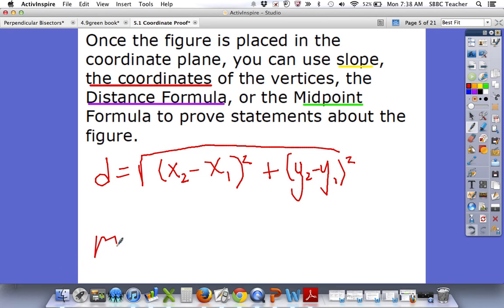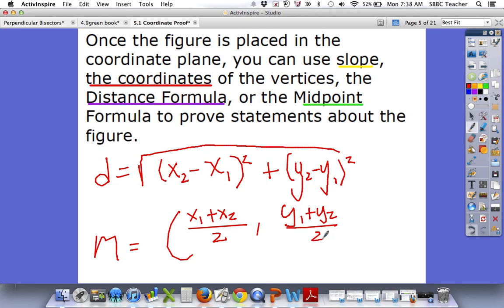You might want to write this down so you can start studying and memorizing it. The midpoint formula is x1 plus x2 divided by 2, comma, y1 plus y2 divided by 2. Here we're adding the x coordinates, and notice the midpoint is an ordered pair, which is why there's a comma. And the slope formula, of course, is y2 minus y1 over x2 minus x1.